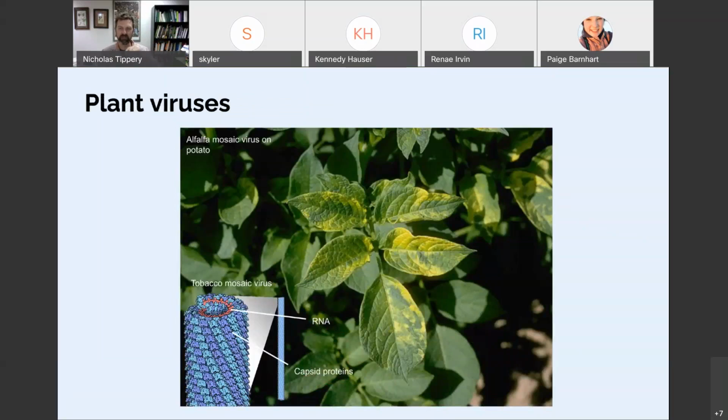And they found out that those juice extracts could be given from one plant and infect another, and that was the start of figuring out that there was this really small thing, or a virus, that was able to infect the plant. So this is one of the kind of textbook viruses called tobacco mosaic virus. And so this would be a pest inside of cells of the plants that it infects.